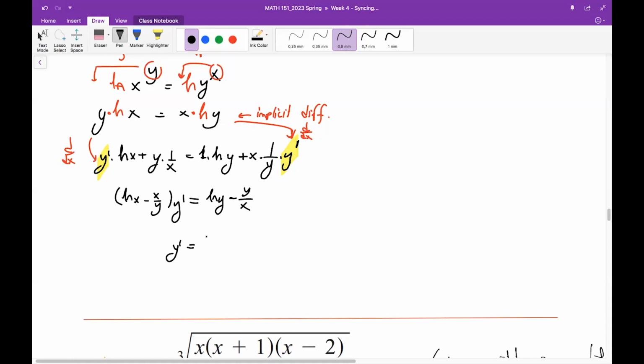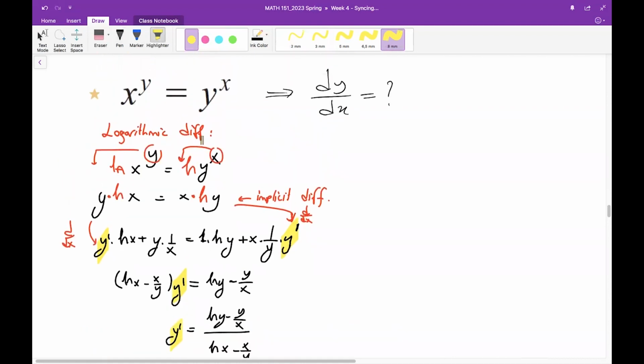And then, yeah, this is the expression for y prime, like this. So first we apply logarithmic differentiation, by taking ln of both sides, and then the rest is handled by applying implicit differentiation. Is everything okay?